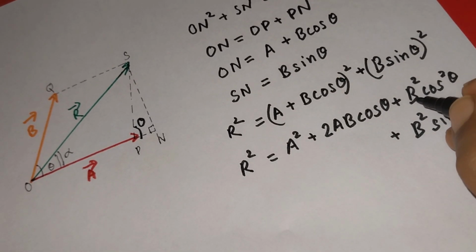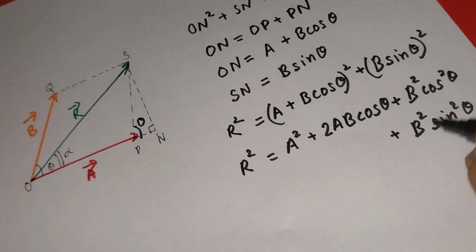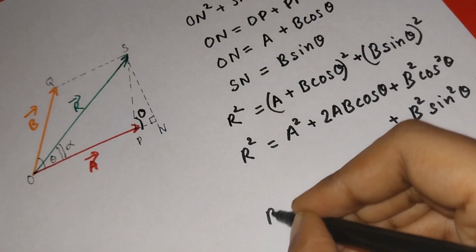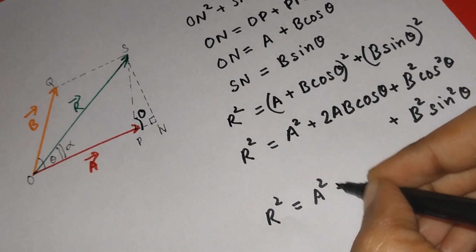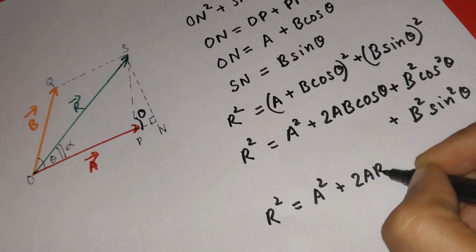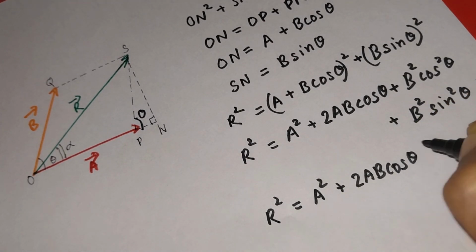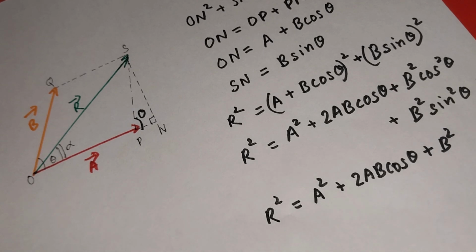Now we can take B square from these two terms as common. So we will get in brackets cos square theta plus sin square theta. Cos square theta plus sin square theta is 1. That is a trigonometric identity. So we will get R square equals A square plus 2AB cos theta plus B square.